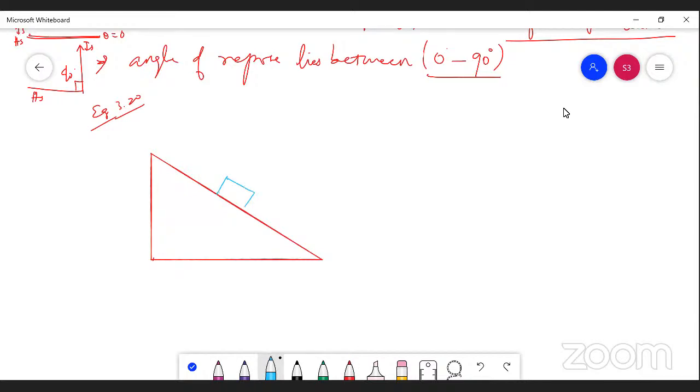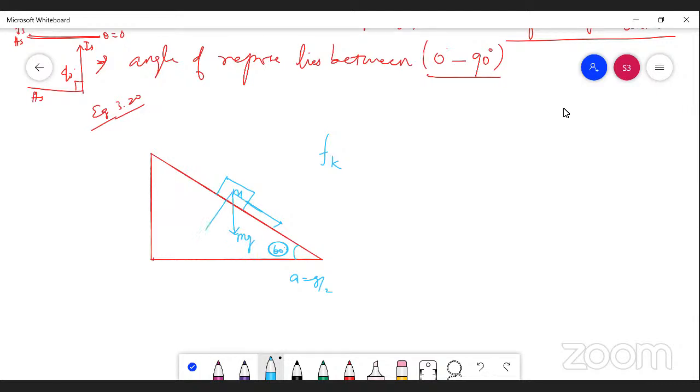It started sliding, which means it experiences kinetic friction. It is inclined at an angle of 60 degrees. It started sliding in the sense this angle is called angle of repose. With an acceleration a equals g by 2, it is moving. What is the coefficient of kinetic friction? You are asked to calculate mu k, the coefficient of kinetic friction. As I told you, this will be experiencing a downward gravitational force mg.